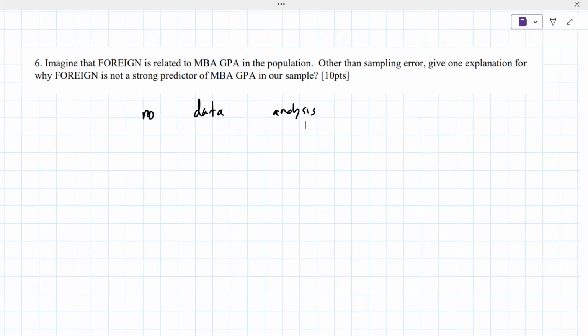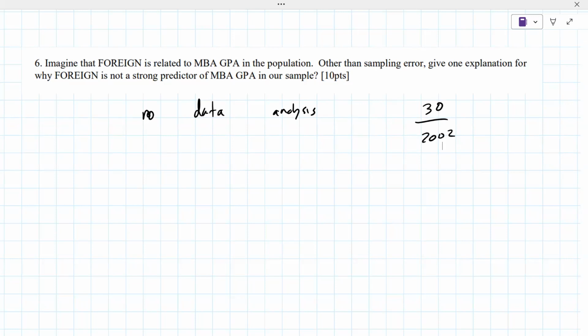The answer refers to the fact that only 30 of the 202 students are foreign. I'm looking at all the tables now, and I don't know where you would know that unless you had the data set.